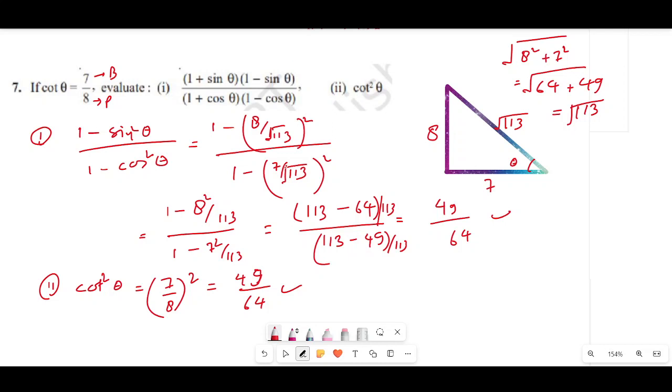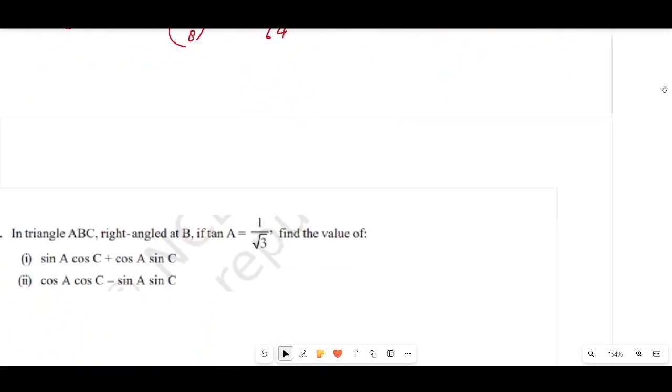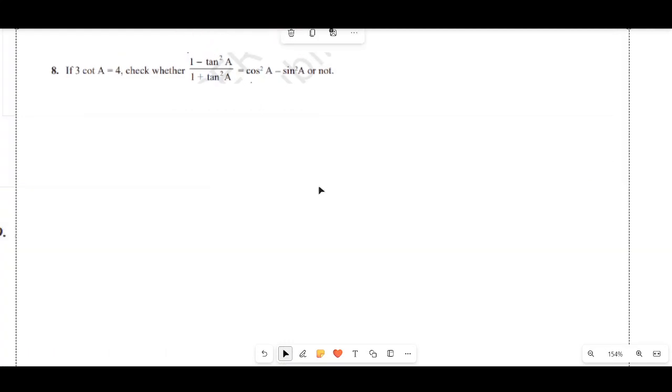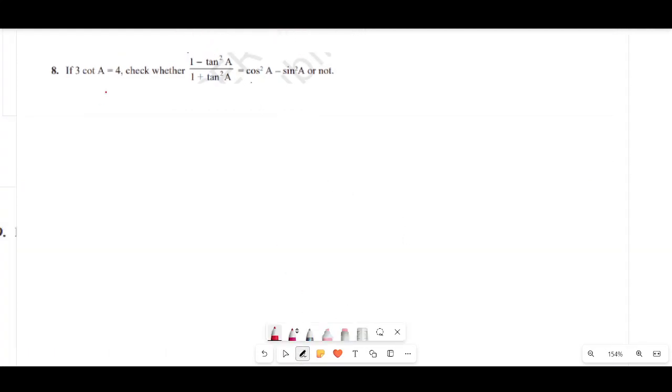Clear? Now come to the next question, question number 8. Clear? Here question number 8, if 3 cot A equal to 4, check whether 1 minus tan square A upon 1 plus tan square A equal to cos square A minus sin square A or not. So first we should write cot A equal to 4 by 3. So first we should draw a triangle.